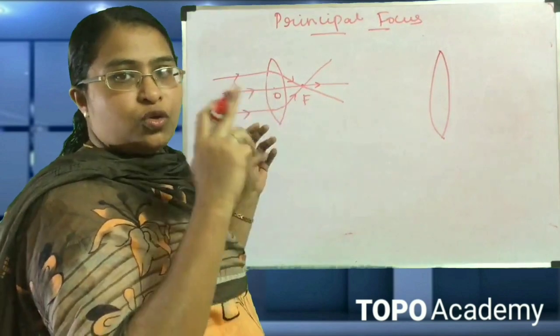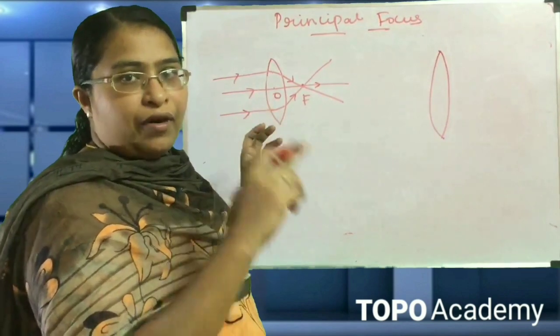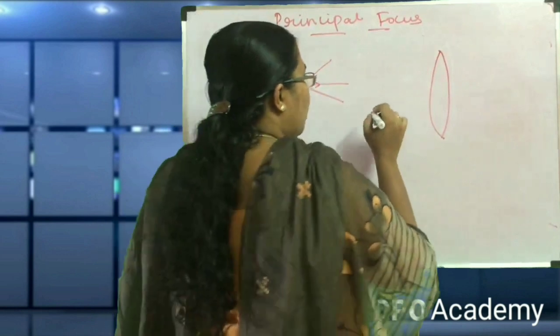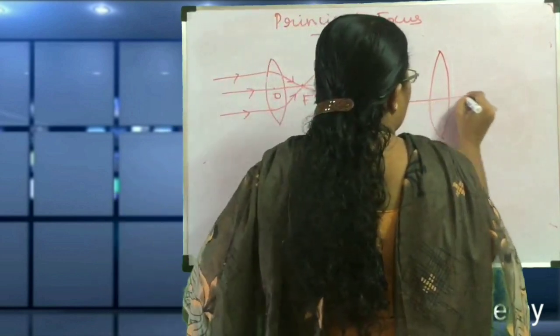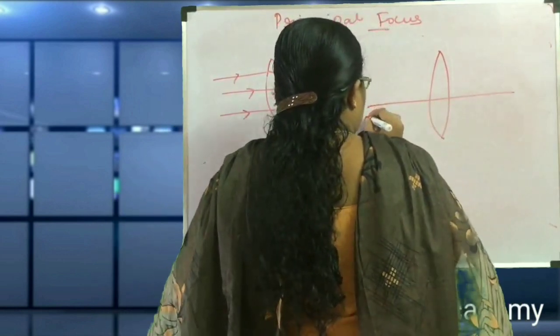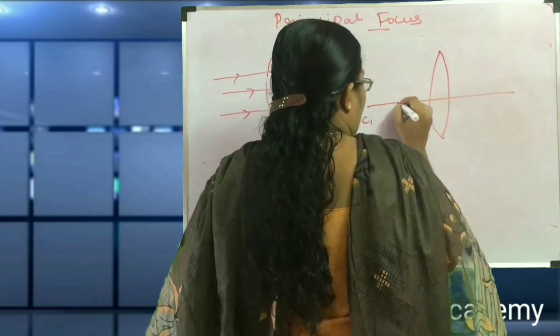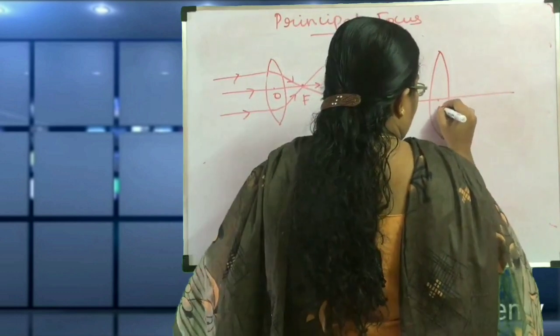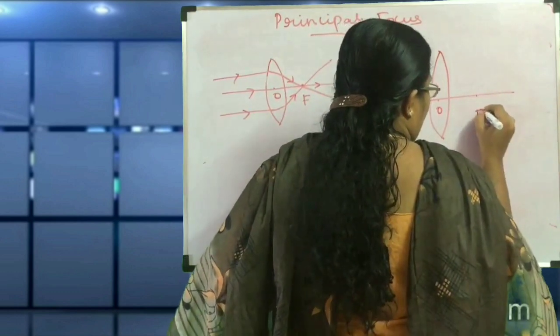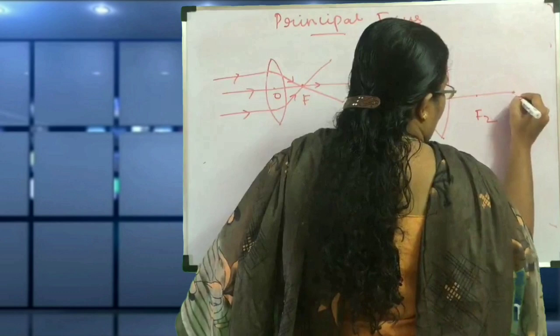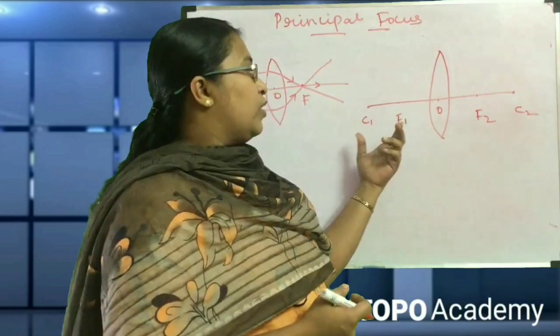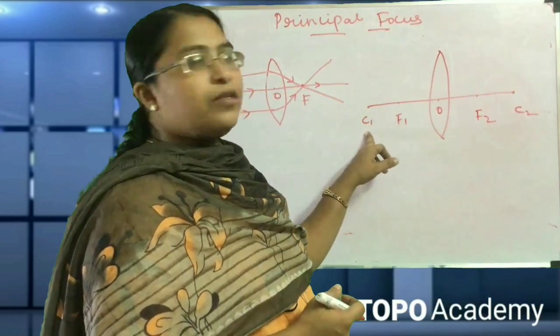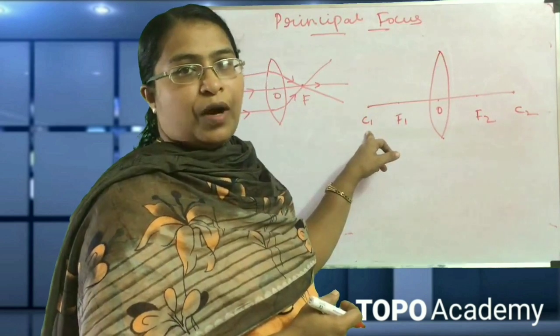So in case of a lens, there are two principal focus, F1 and F2. Here, this is C1. We can write this is the first principal focus. This is the optic center. This is the second principal focus, and this is C2. This is C1 because a convex lens is a part of a sphere.